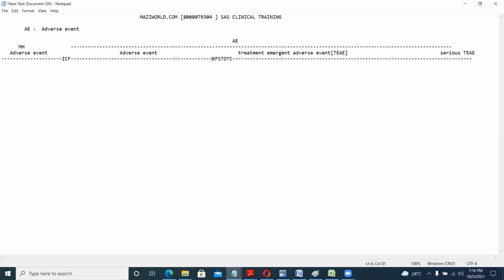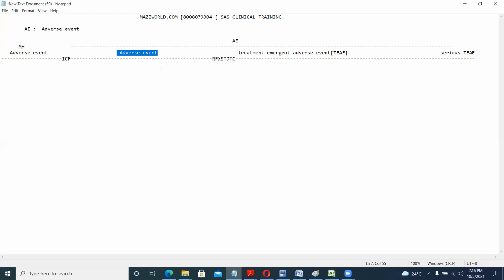Once the subject is assigned to the treatment, and as per the treatment date, the subject has taken the treatment on the same day. Once the subject has started taking the treatment, before the treatment, if any particular event has come across till informed consent, those records will be considered as an adverse event.